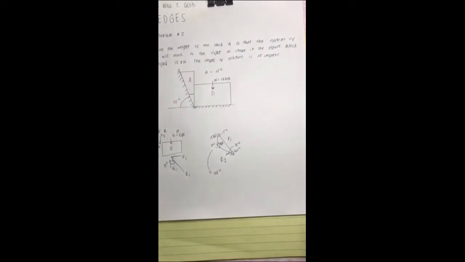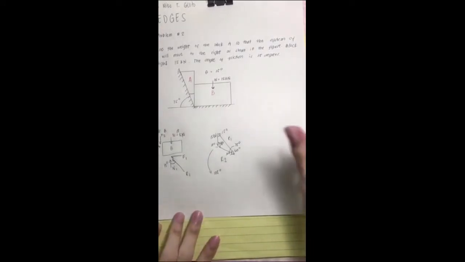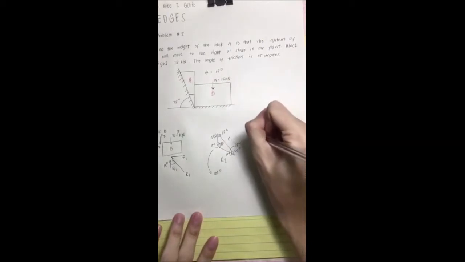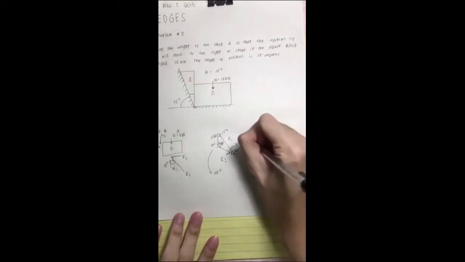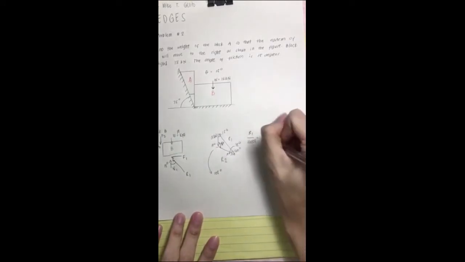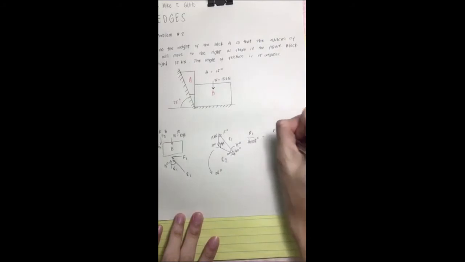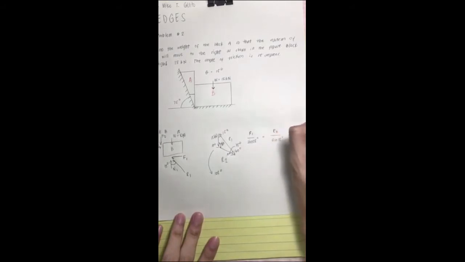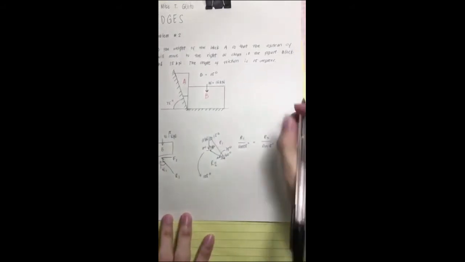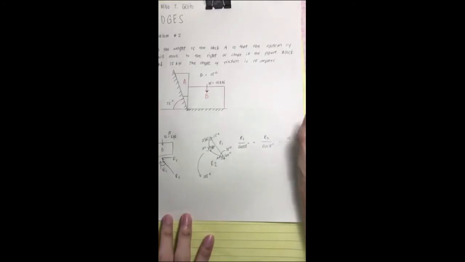Applying the sine law, we can have an equation of R1 over sine 105 equal to R2 over sine 15 degrees, and equal to 15 degrees over 60 degrees.